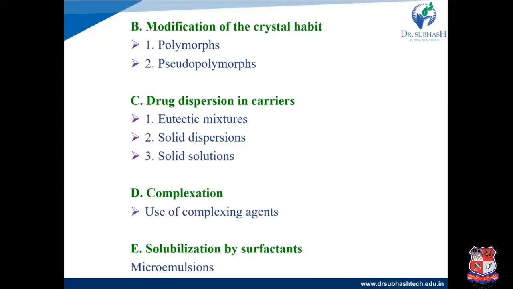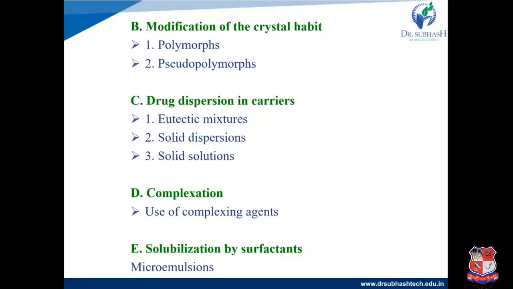The next one, that is solid solution. A solid solution is molecularly dispersed in a solid solvent, or we can say a solid solution forms when two components are completely soluble in both the liquid and solid states. Two components crystallize together in a homogeneous one-phase system, called a solid solution or molecular solution.